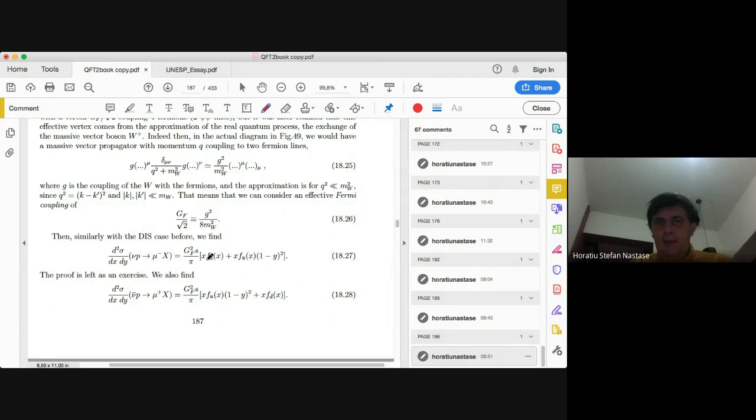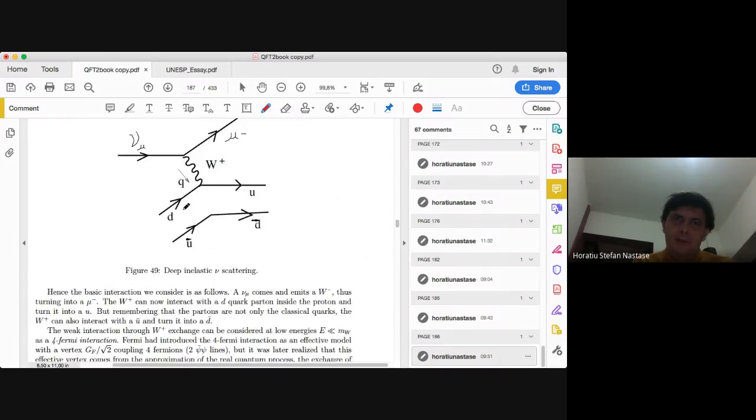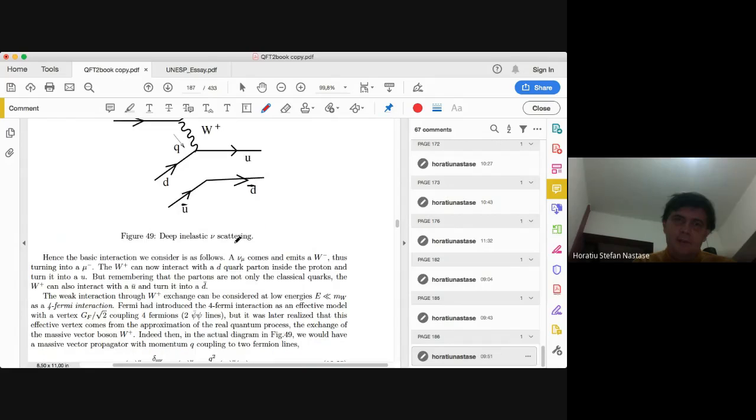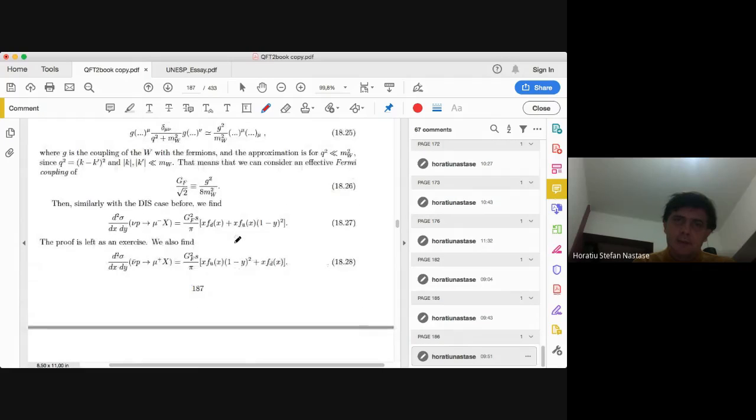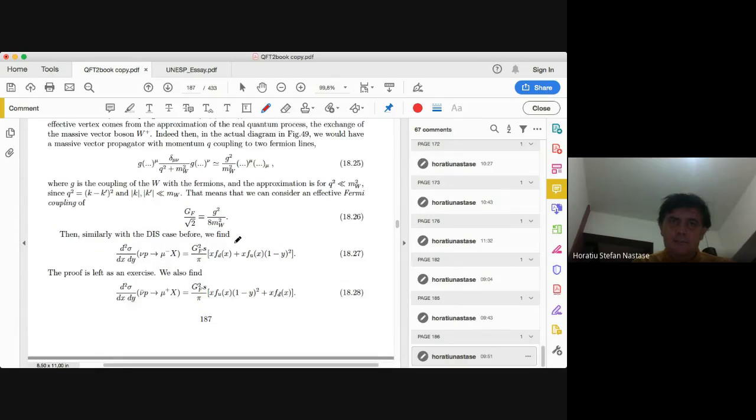And then in here, I will obtain this combination of the probabilities to have partons up and down inside the neutron. So what we obtain is actually this combination, and the proof is left as an exercise.